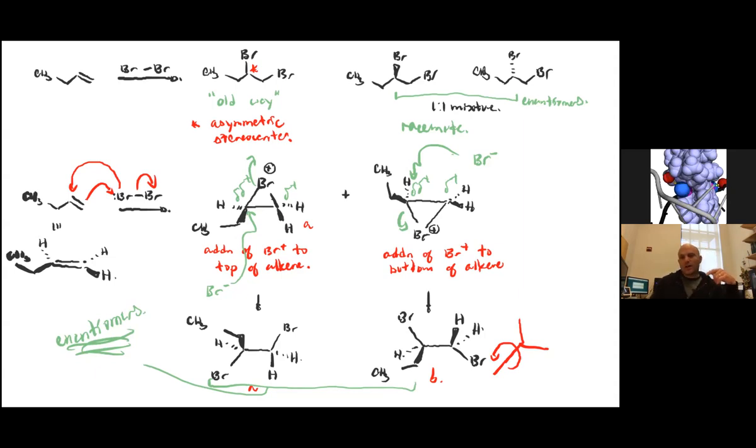So we can generate a similar type of free energy diagram, except when we did the HBr addition, we started from the carbocation. Now we're going to start from the alkene and go to the bromonium ions. So we're going to have our alkene plus Br2, and I can make either bromonium ion.